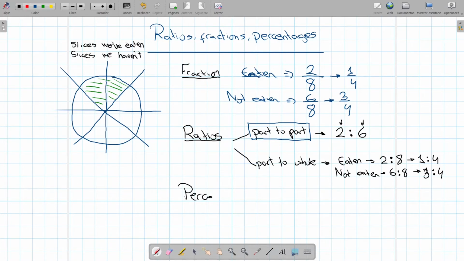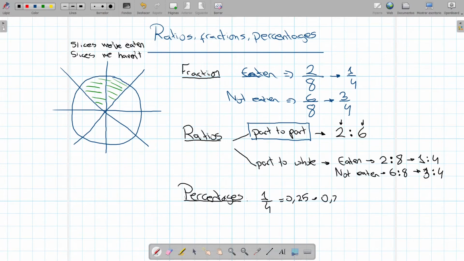And now percentages. Percentages represent the parts with respect to 100. What we're going to do is work out how many parts of 100 that would be. The easiest way to do percentages is from the fraction. We divide the fraction: 1 divided by 4 is 0.25, and then we multiply it by 100.